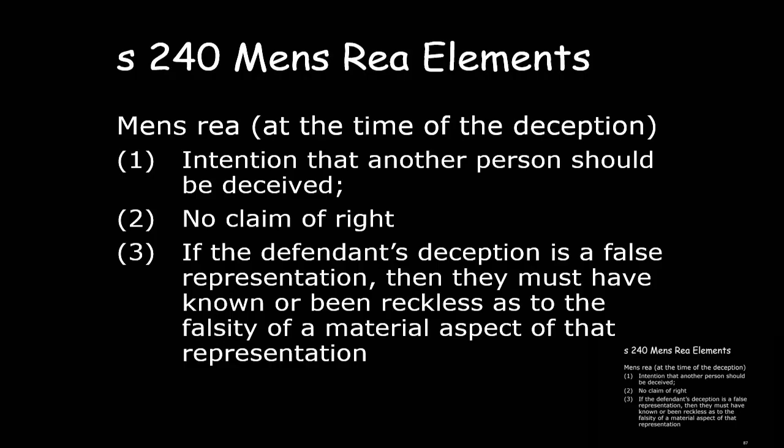Okay, so even though you have to intend to deceive, you don't have to intend to cause the outcome. The court in Morley made it clear that that is an actus reus requirement. The outcome is an actus reus requirement. There's no additional requirement under the section to show an intention to actually cause that particular outcome.